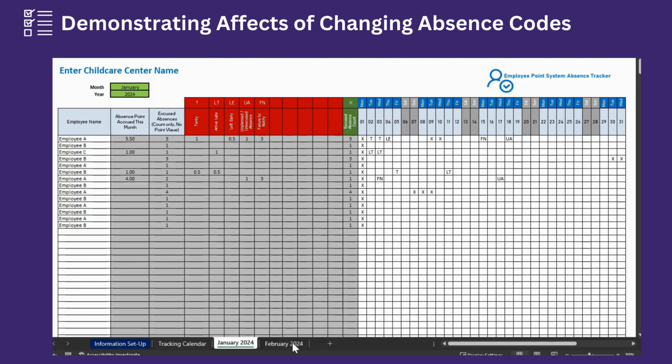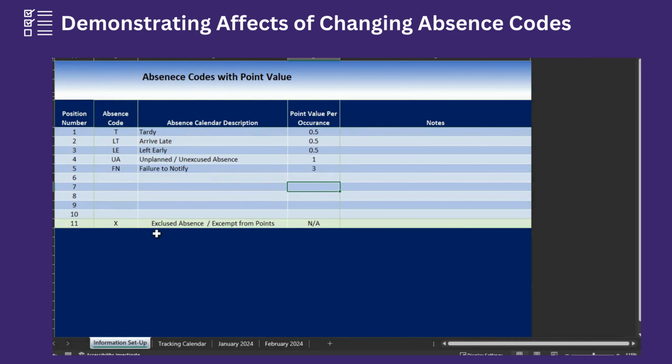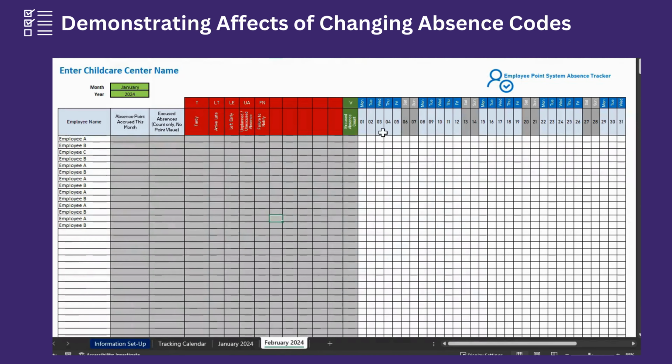But let's say in February, we decided we wanted to change this X to a different code. So if I go to the Information Setup and navigate to our codes, let's just change that code to a V. And in February, we can come over here and maybe we have some excused absences with our new code and it's accumulating.